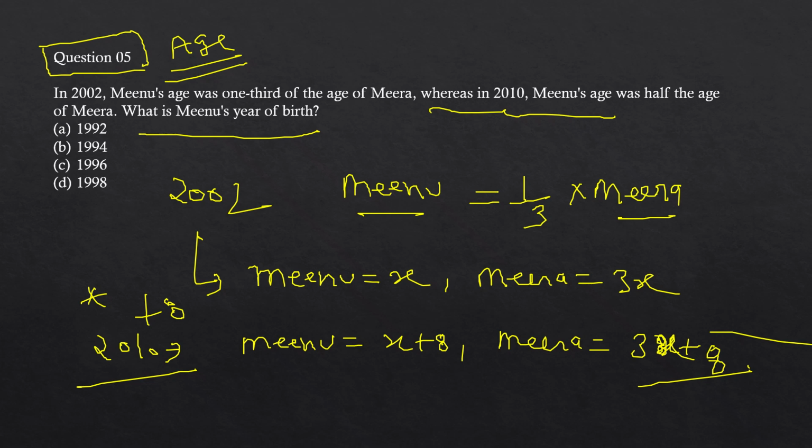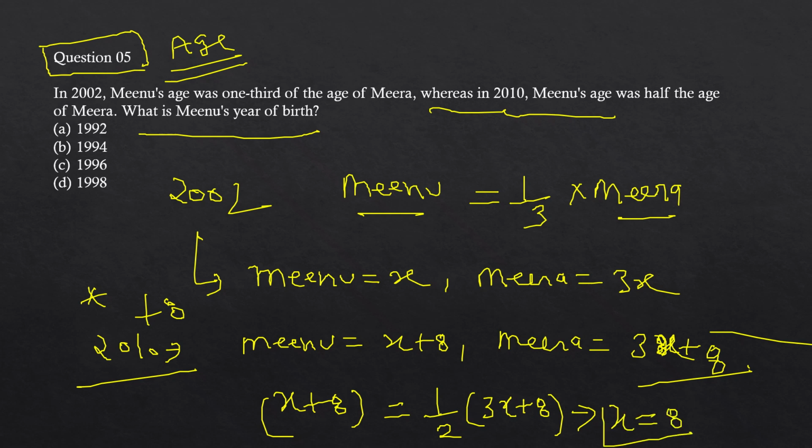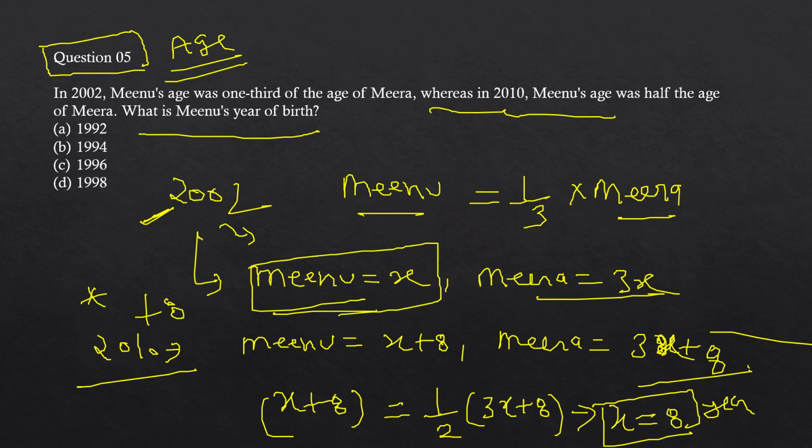Now given in 2010, Minu's age is half the age of Mira. We can simplify it and we will get x equals 8. So x equals 8 years in 2002 because we assumed values for the year 2002. So Minu's age is 8 years in 2002.